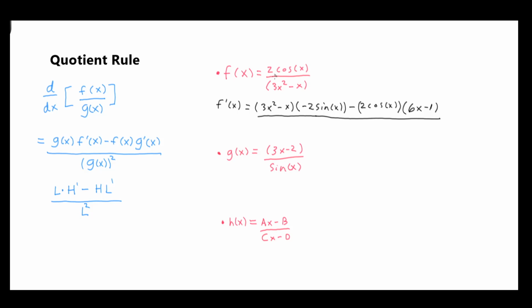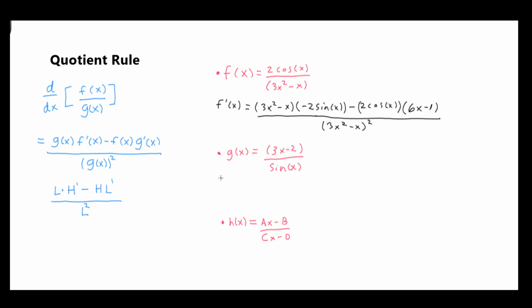And that's going to be all over our lower function squared. So in this case, we'll just write 3x squared minus x, squared. Obviously, that could be expanded out a little bit, but we'll just leave it in this format for our answer.